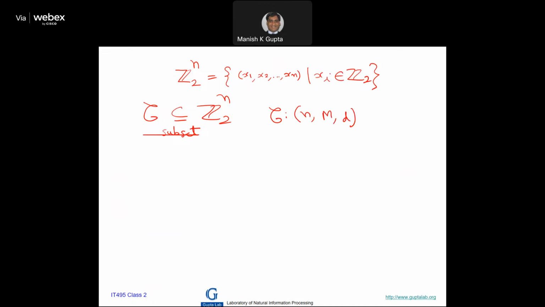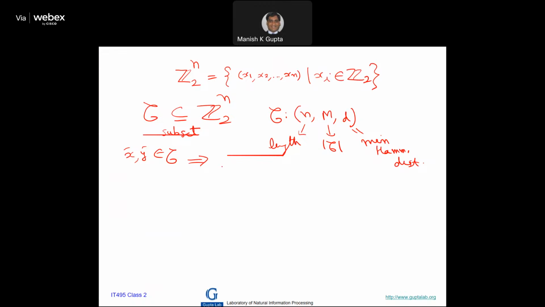There are 3 parameters. n is known as the length, M is the size of C, the total number of code words, and d is the minimum Hamming distance.